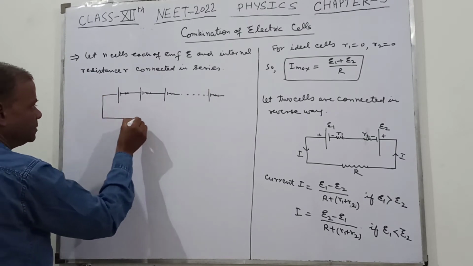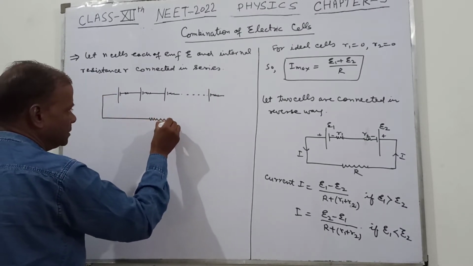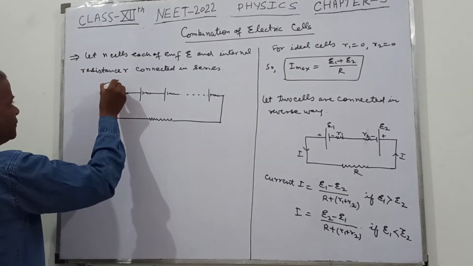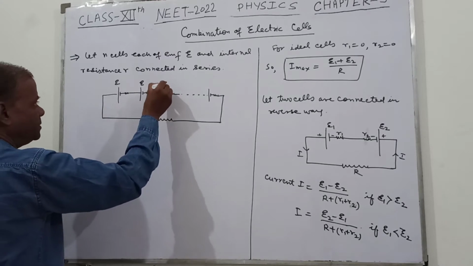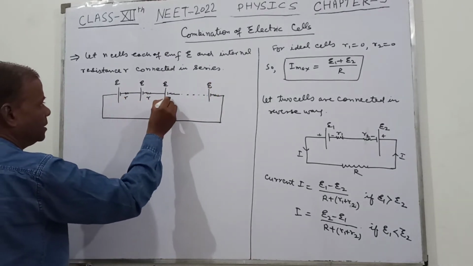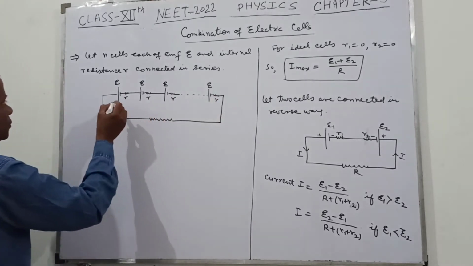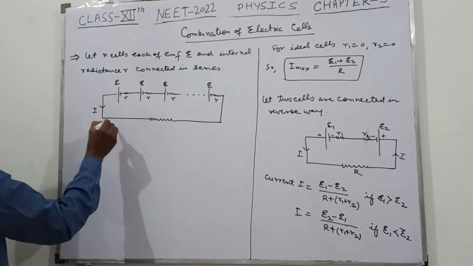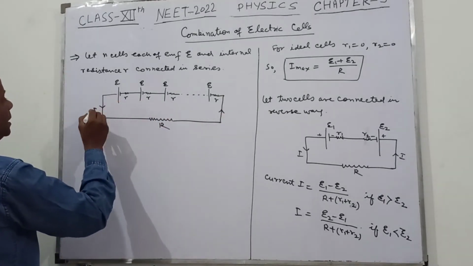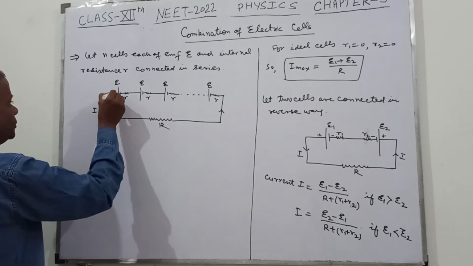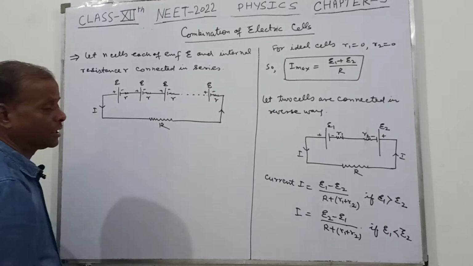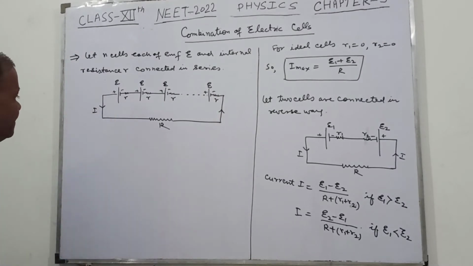This is now external resistance. Now its EMF is E, and this is E, this is now your R, and R. All are giving the current I in the circuit. All positives are on the same side.